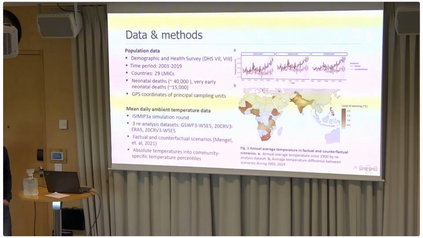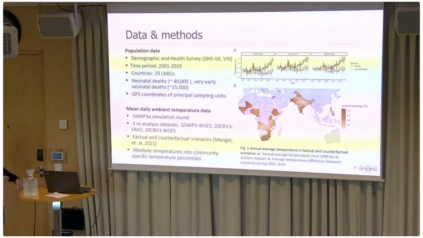And this temperature data is represented by 3 out of the 4 EasyMIP reanalysis models. These 3 cover the period that we were interested in, and through this it was possible to build 2 scenarios: a factual scenario, which is basically the reanalysis series created through this model, but also a counterfactual one, which is a method applied through detrending to reconstruct what would have been the temperature distribution in this period without anthropogenic emissions and climate change.